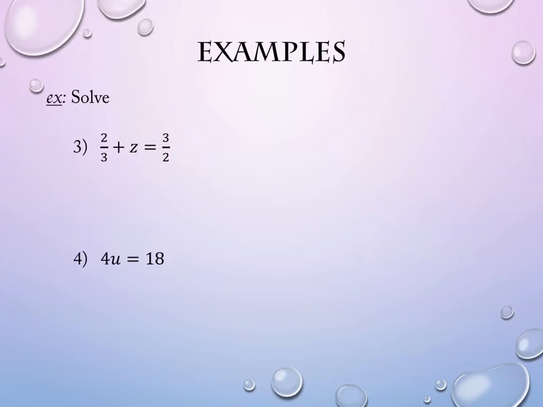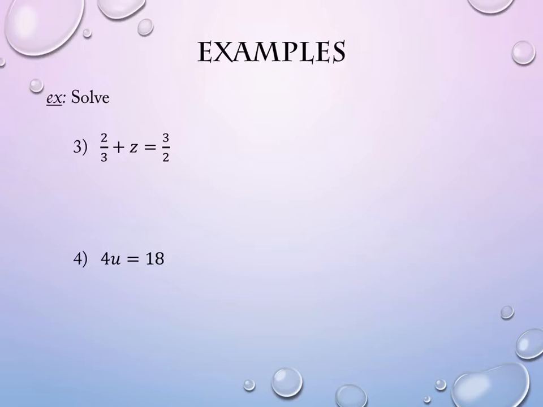So we should be able to do this with all types of values. It's nothing special about whole numbers, which is what we did on problem number 2, or decimals, which we did on problem number 1. Fractions work the same way. So right now, on the left-hand side of the equation, we have our z, and it currently has a 2 over 3 being added to the z, right? Those are addition.